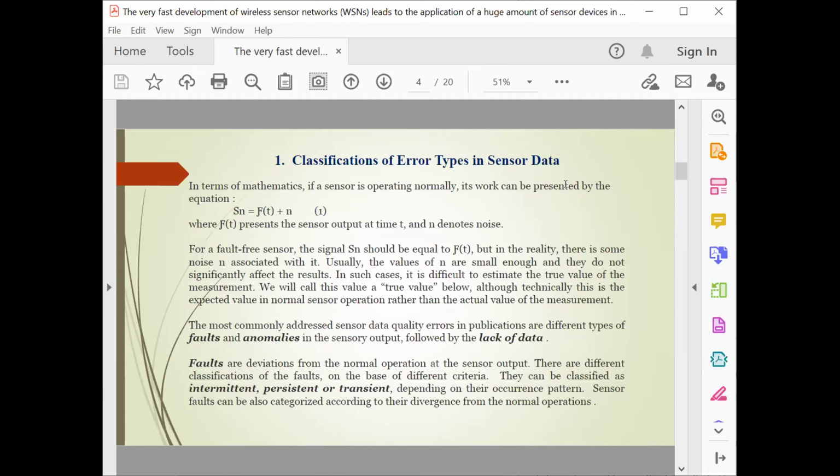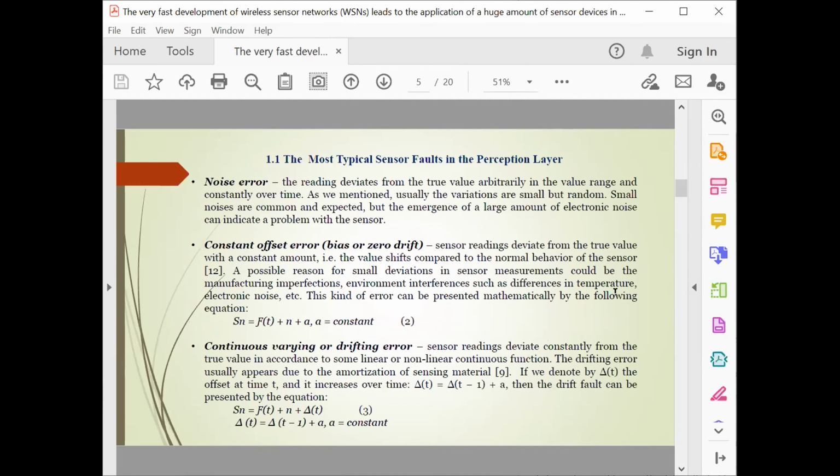Faults are deviations from the normal operation of sensor outputs. Later, we will mention several classifications of these faults, which could be intermittent, persistent, or transient. Sensor faults can also be categorized according to their divergence from the normal operation.